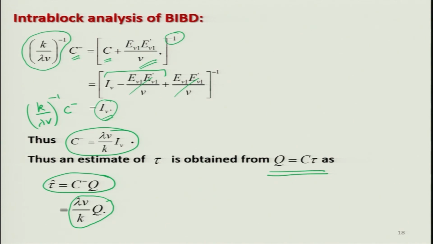So now you have obtained the intra-block estimate of the treatment effect tau. When we discussed the concepts in incomplete block design, we had simply mentioned that we are going to find the generalized inverse of C, because C is going to be a rank deficient matrix.